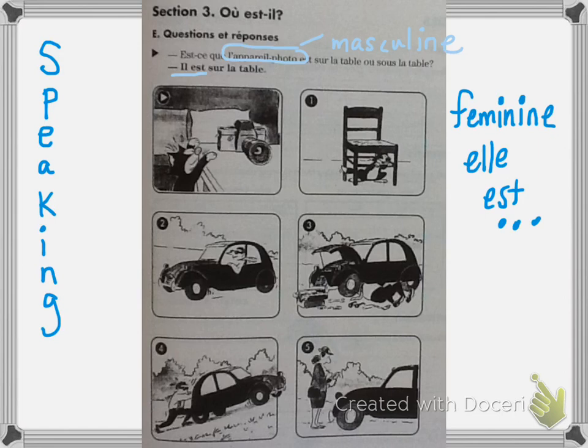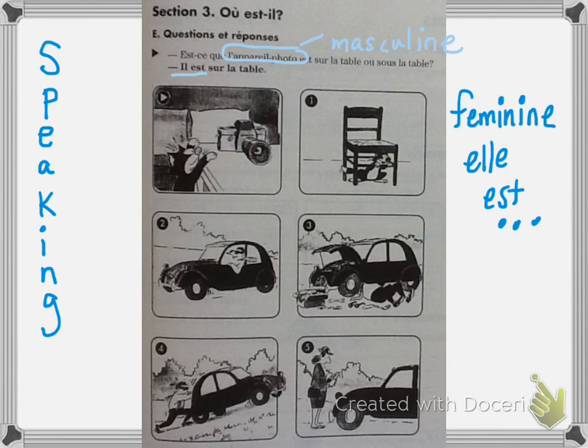1. Est-ce que le chat est sur la chaise ou sous la chaise? Il est sous la chaise. 2. Est-ce que Monsieur Vénard est dans la voiture ou derrière la voiture?